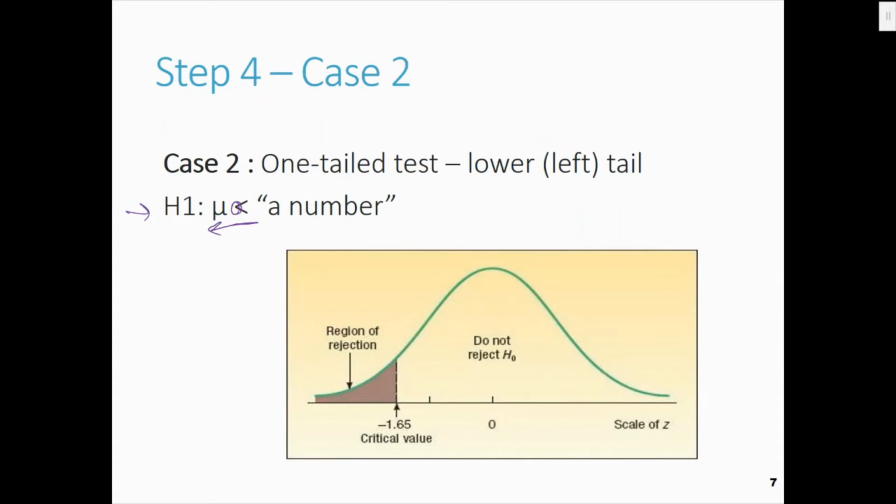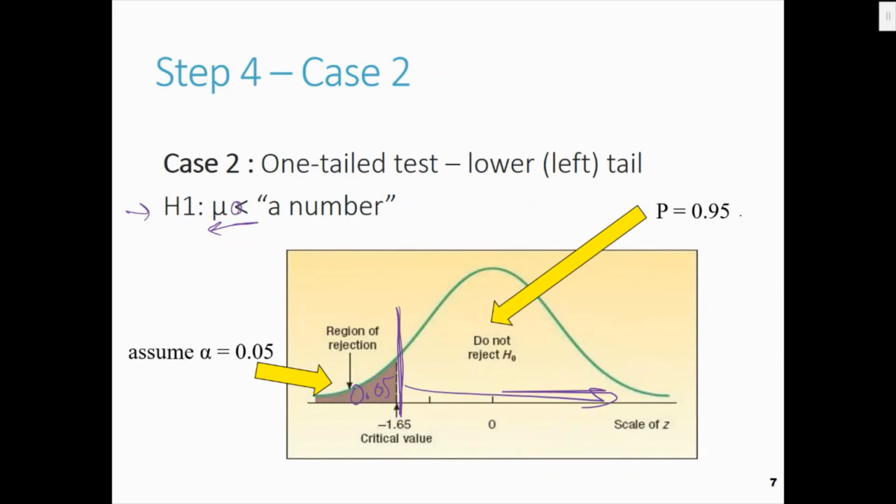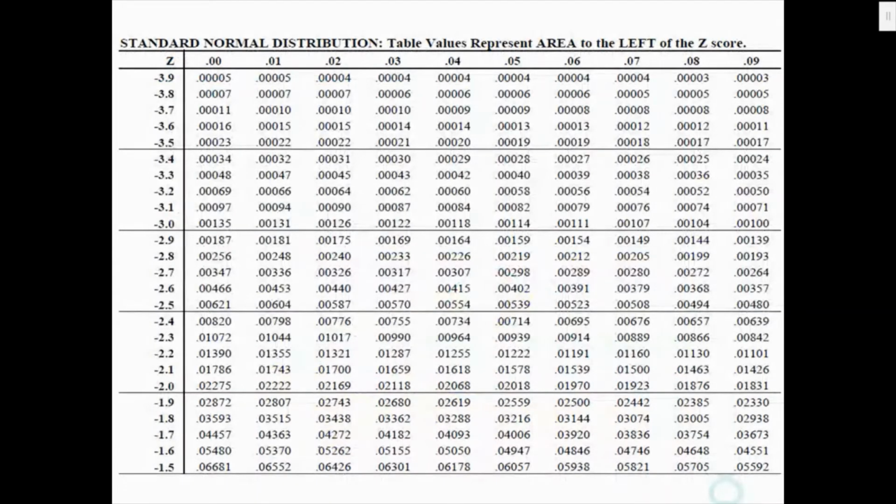So, assuming again for this exercise that our alpha is 0.05, so I have here 0.05, which means on the other side, you will have 0.95. So we'll go and check it out on the Z table for the area to the left, that is 0.05. Remember, area is the numbers in the middle.